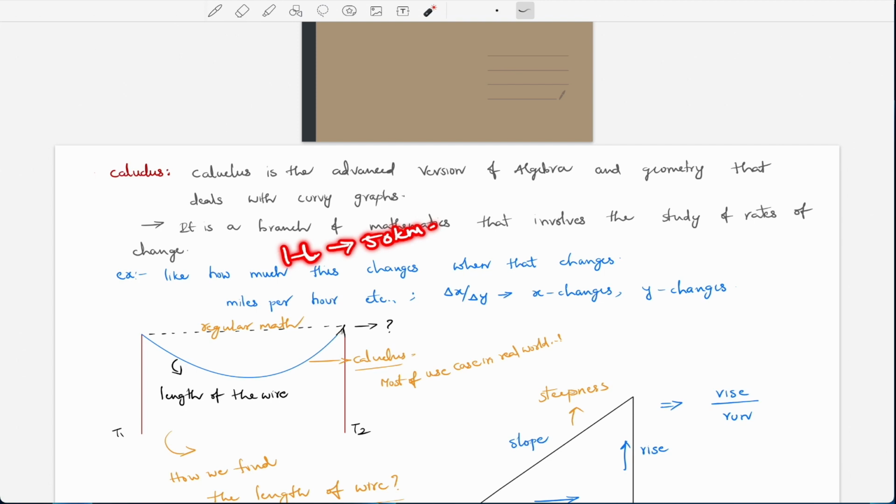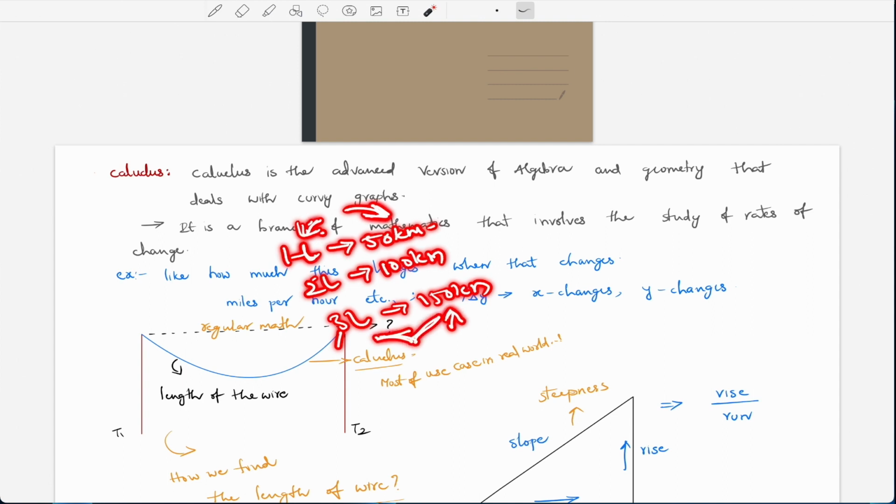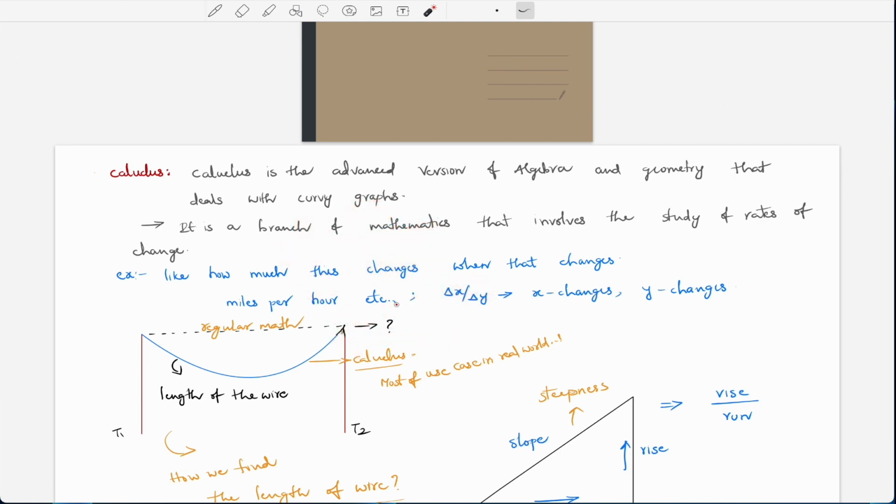How much does the liter change when the kilometers change? It's a relationship, right? If I have 2 liters, it becomes 100 kilometers. If I have 3 liters, it becomes 150 kilometers. This is changing, and this is also changing. You may observe a clear relationship, right? How much this changes when this changes. I hope you're getting it.